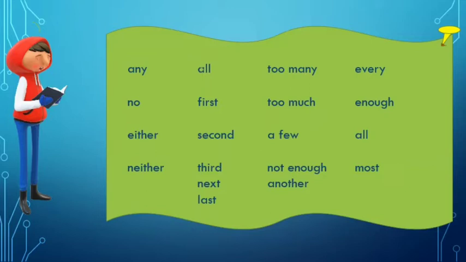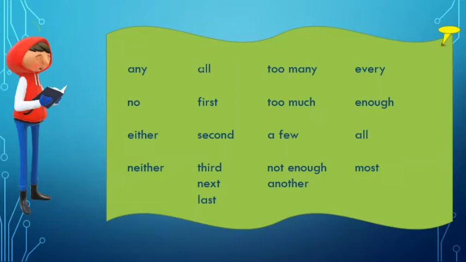Already I have told you a few quantifier words. Examples I told: no, much, many, a lot of, few, a few, little, a little, some, any. So you must know when and how to use these: a lot of, few, a few, little, a little.